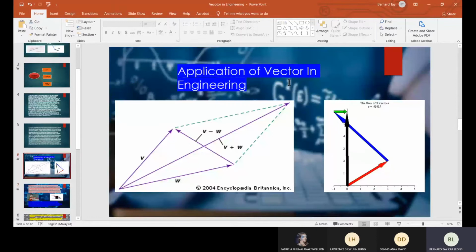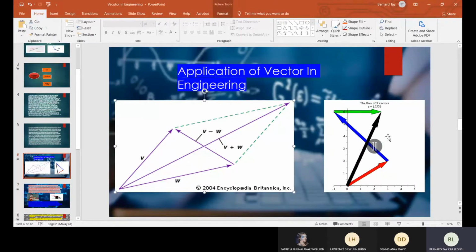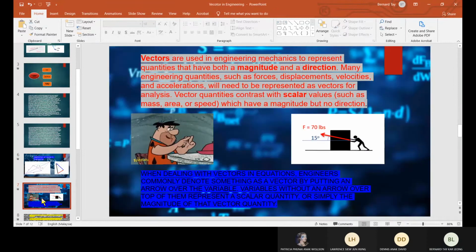For me, my part is the application of vectors in engineering, and here is the example. Vectors are used in engineering mechanics to represent quantities that have both magnitude and direction. Many engineering quantities such as forces, displacements, velocities, and accelerations need to be represented as vectors for analysis.